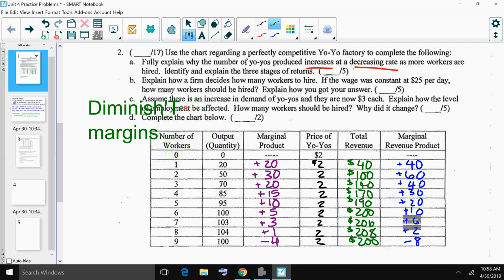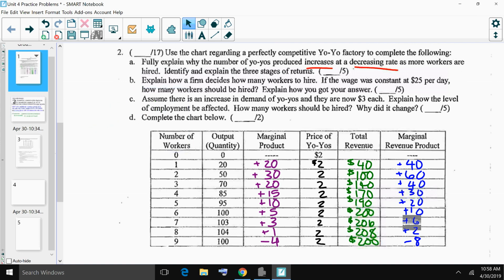Sweet. Kind of. Okay. So what I'm going to do is rewrite this. All right. I'm going to rewrite this.